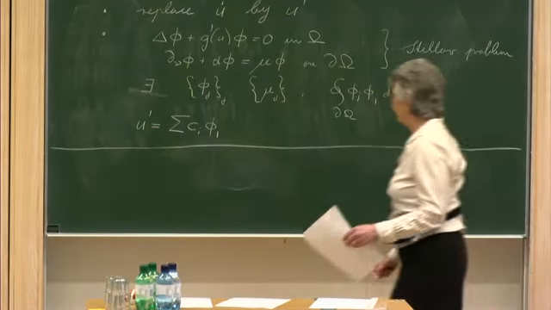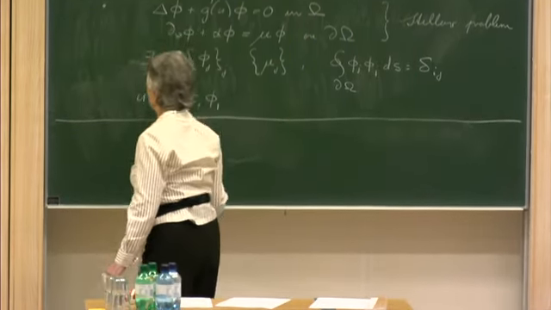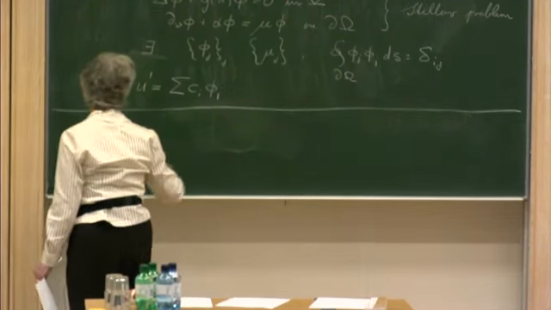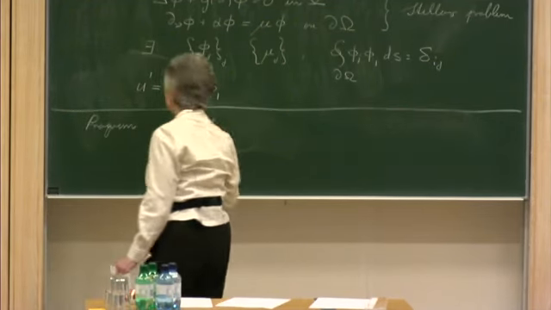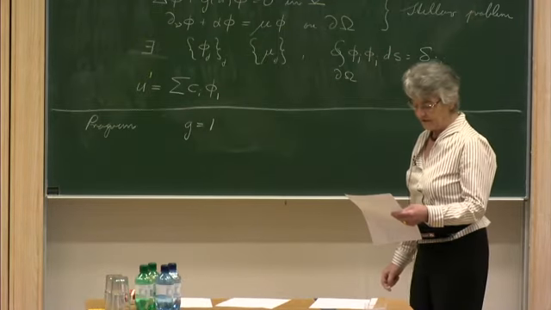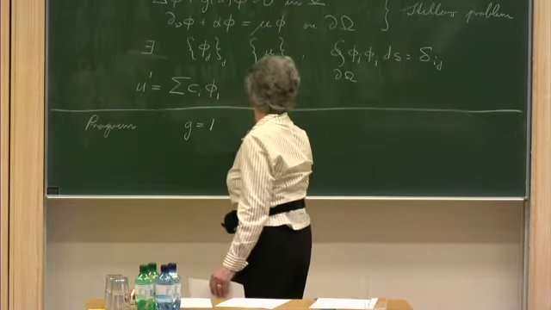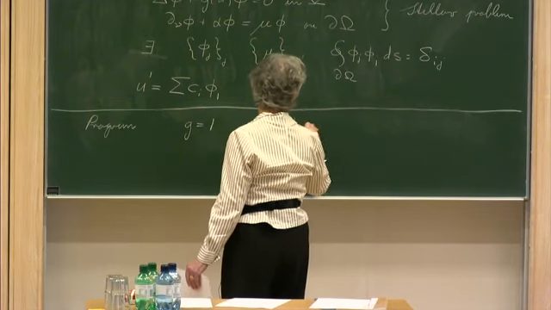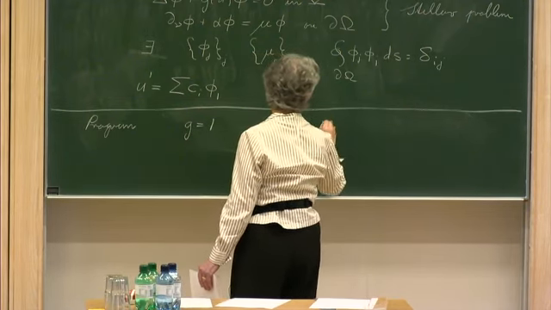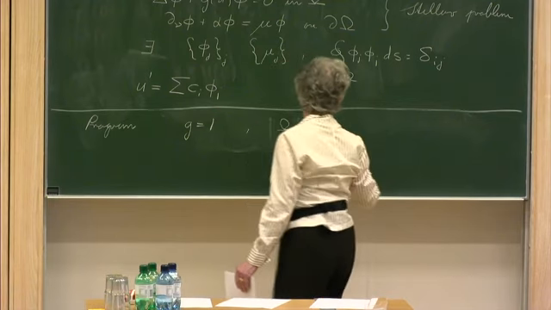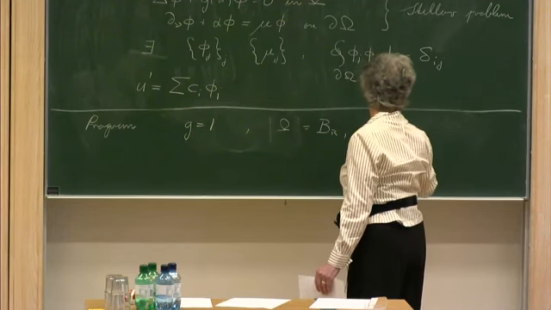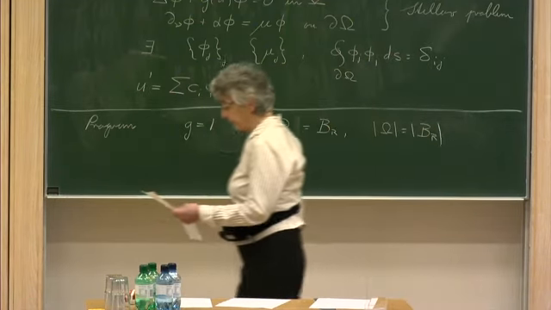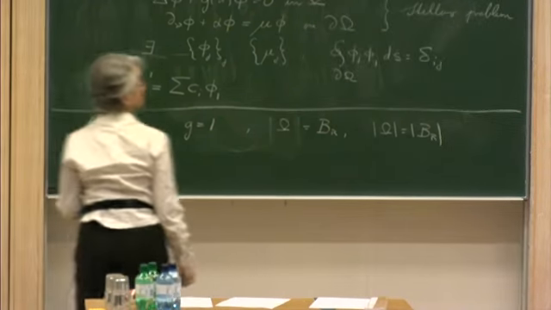So this is the program, and we carried out this program in the case g equals 1. So this is a torsion function, for balls, for volume preserving transformations, and what comes out is very simple.